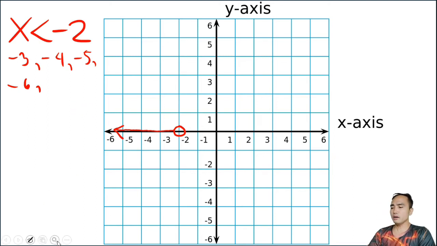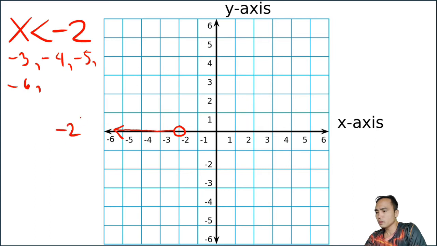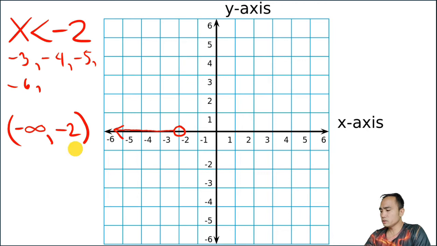To write our interval notation, we have negative 2, and then going to negative infinity. We use parentheses, meaning negative 2 is not included in our solution set.